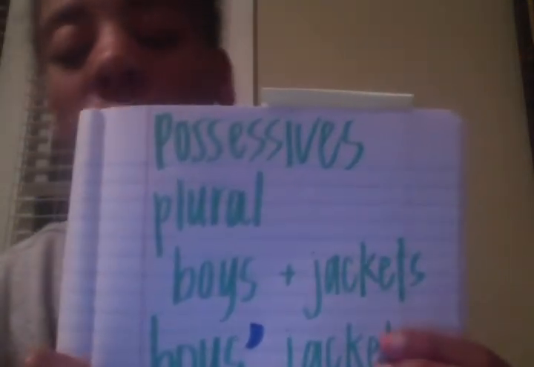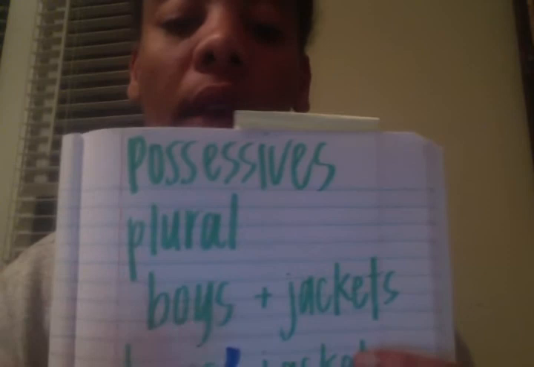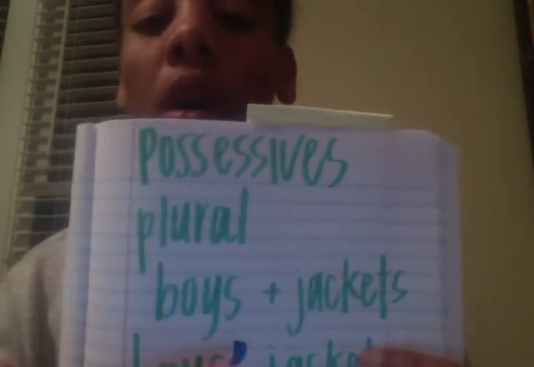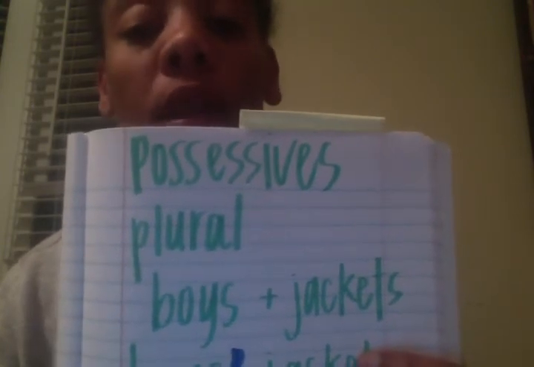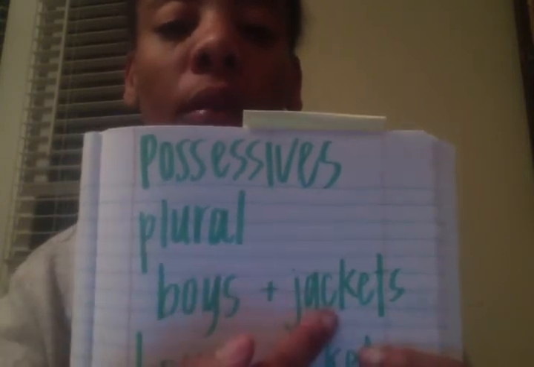On the opposite side of that, we have our plural possessive. So here you have the word boys, and the jackets belong to the boys. Boys already has an S at the end because it's plural. So there are more than one boys and more than one jacket.